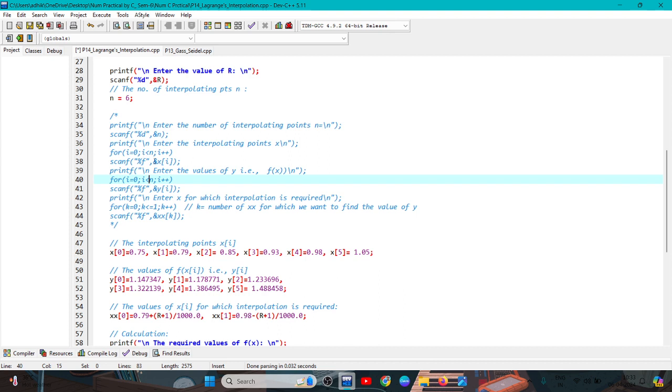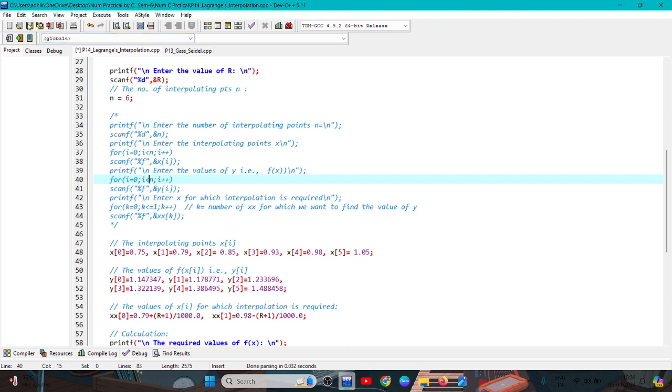If you wish to enter term by term values of x0, x1, x2, x3, up to x5, then write this part of the program. And if you wish to enter y0 term by term, then you can write this part of the program between slash star and star slash, otherwise delete this part.